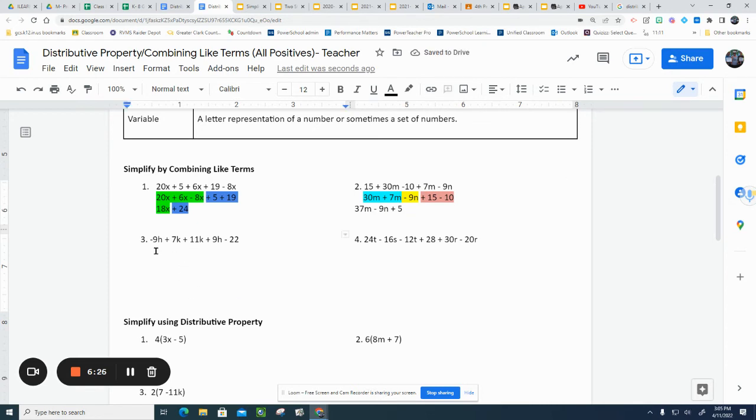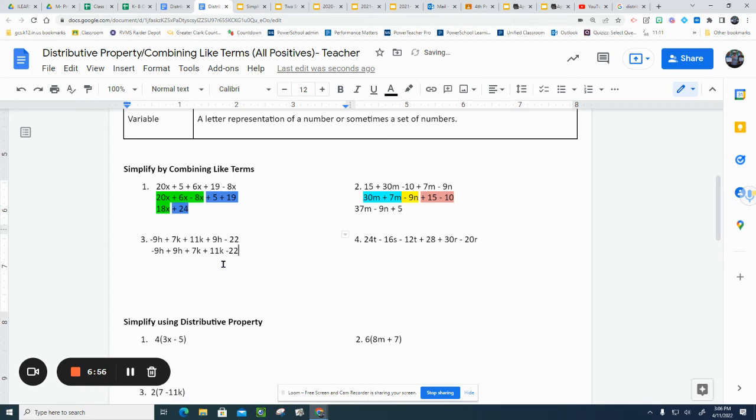Okay, we'll continue moving on with number 3. I'm going to rewrite, make sure that I don't miss any. Alphabetical order, my negative 9h starts. I have a positive 9h later, so I'm bringing it down. Then I have my k, H-I-J-K, so 7k plus 11k, and I only have one constant, which is 22.